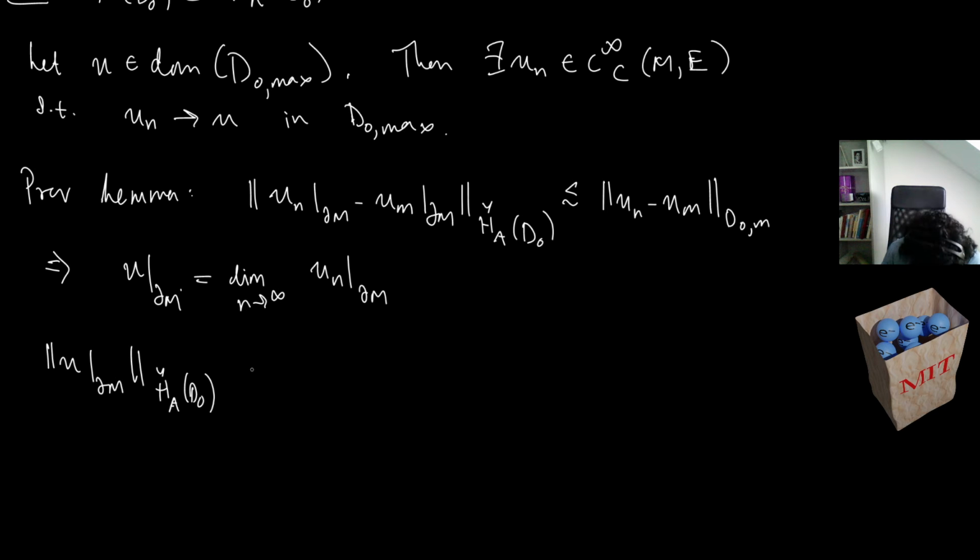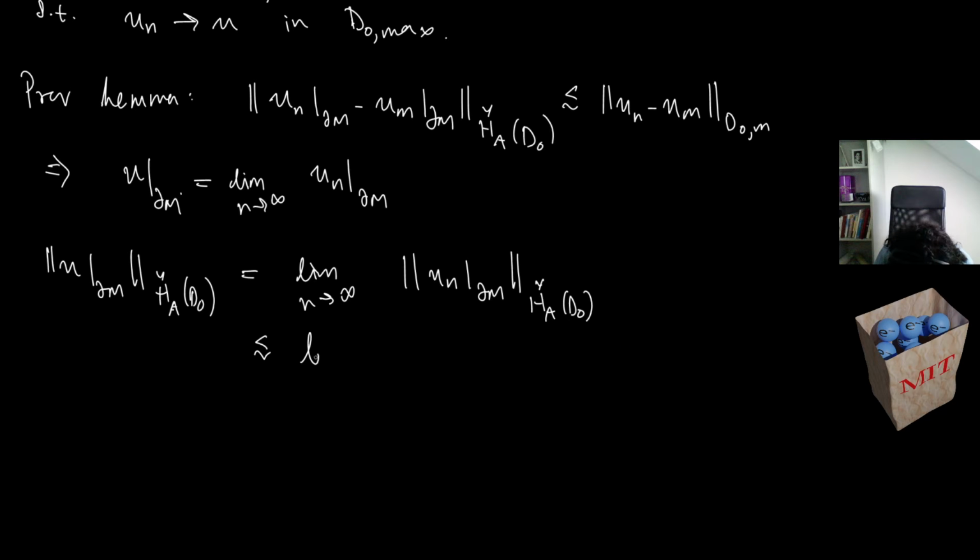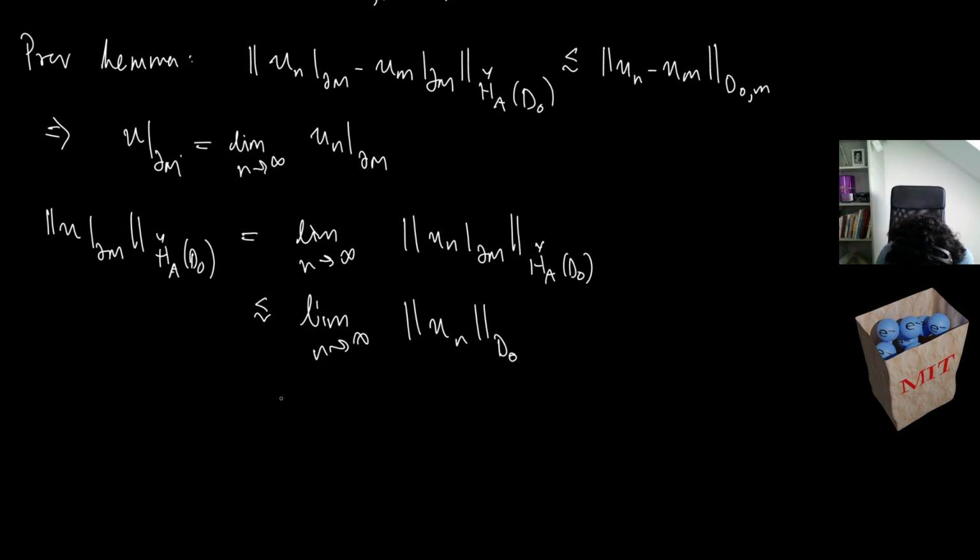This estimate: the limit as n tends to infinity of UN restricted to the boundary in H check A of D naught is trivially bounded by UN in the D naught norm, as we said just now. It's just the graph norm. And so this is obviously equal to U in D naught.